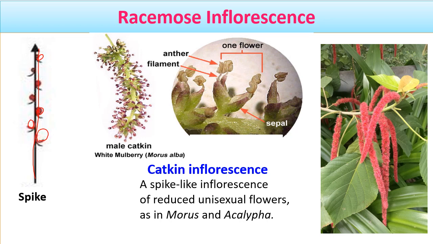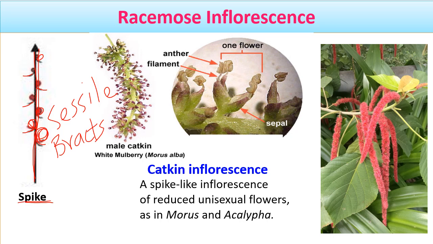One important characteristic to note is that this structure is actually a bract, and the flowers are sessile, without stalk, and with bracts. So when sessile bracteate flowers are arranged in acropetal succession, this inflorescence is called a spike.